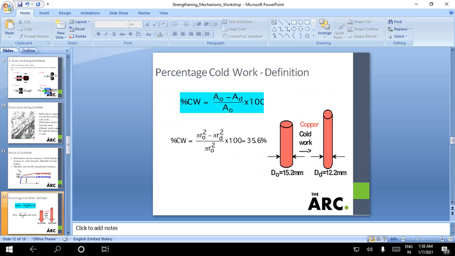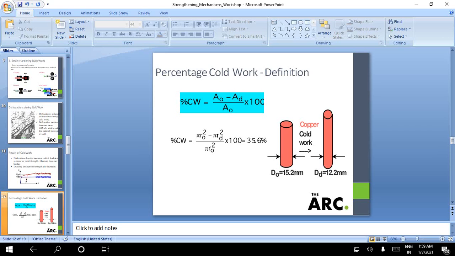This is the formula to calculate the percentage of cold working. Here we consider two different cross-sectional areas: the area before the cold working process and the area after. Using both, we get the percentage of cold working. In the diagram, before the cold working process, the diameter is 15.2 mm.